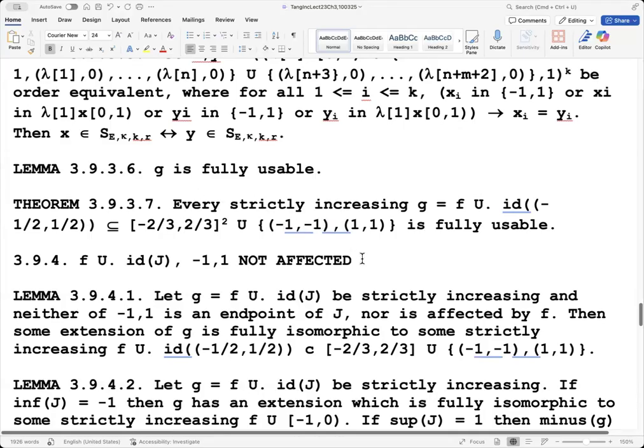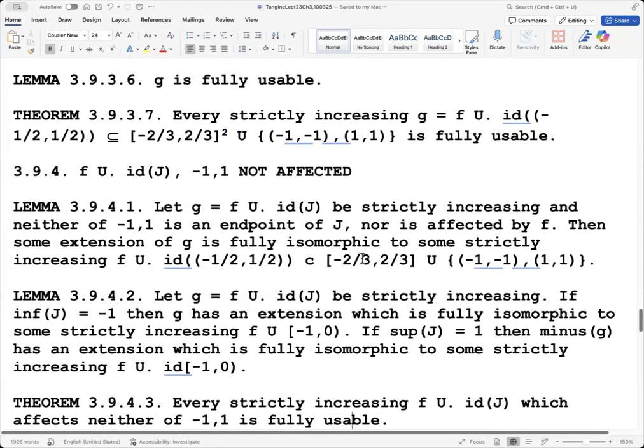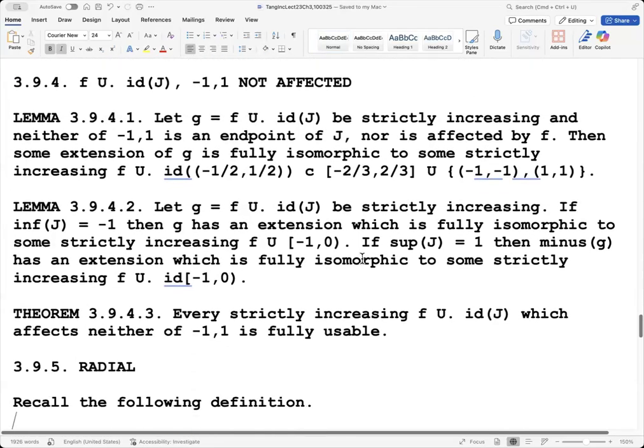And here it is. We're going to prove now that if I have this thing and -1 and 1 is not affected. I'm going to run to 1104, so I'm going to speed up a little bit. I have a little too much material here.